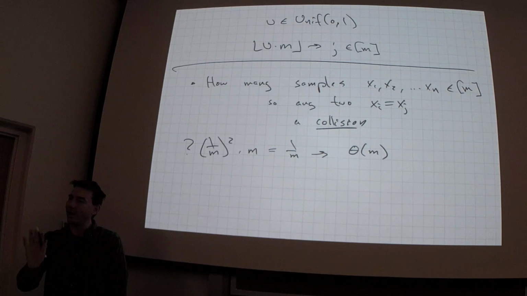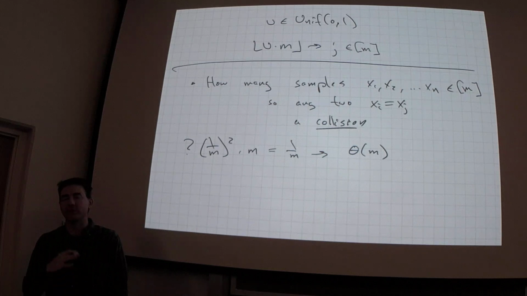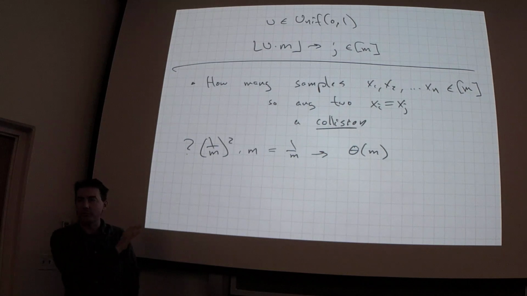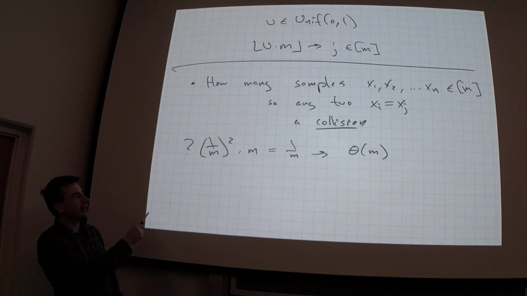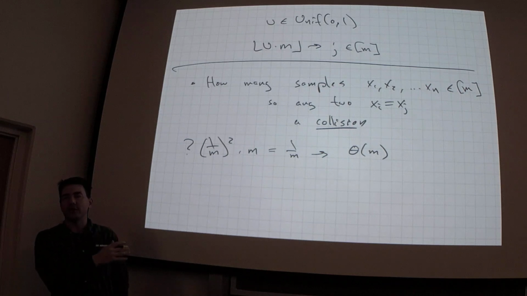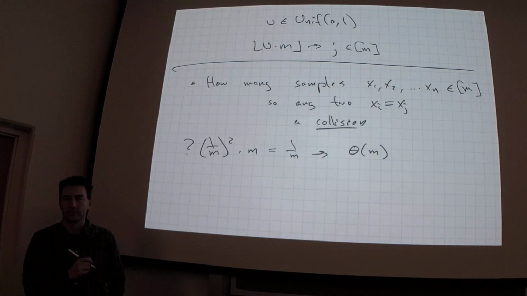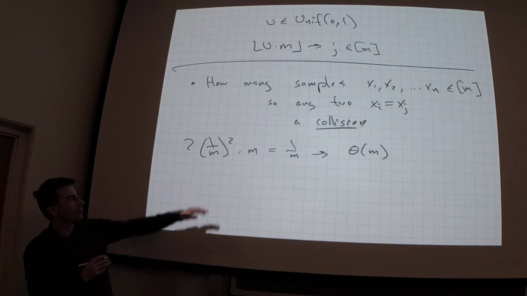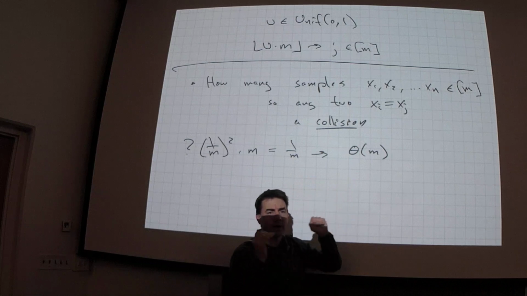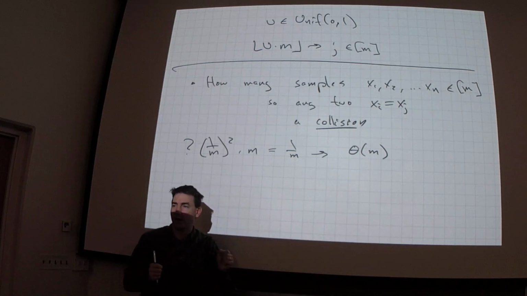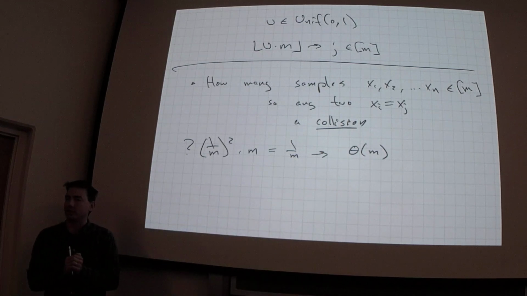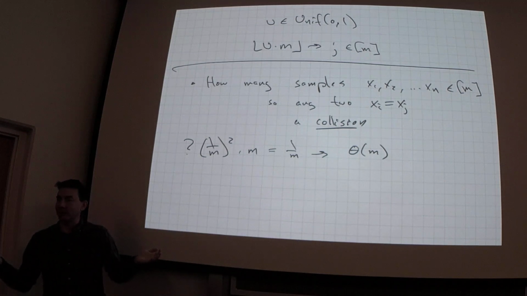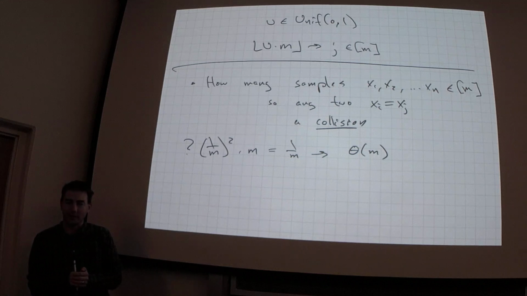Yeah, so I'll go through this analysis. More formally, about how many do I get until I have a 50% chance that I will have seen a collision? How big does n need to be? We have a guess of roughly m. I can throw roughly m things in there asymptotically before I see a collision. Hash tables work, right? People use hash tables, so that might be a good guess.